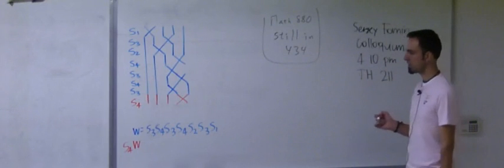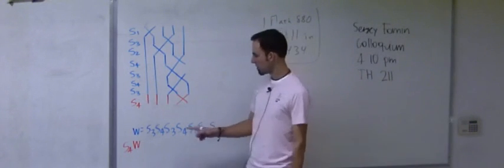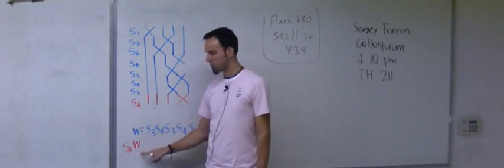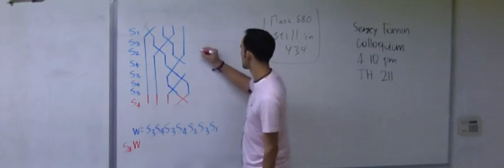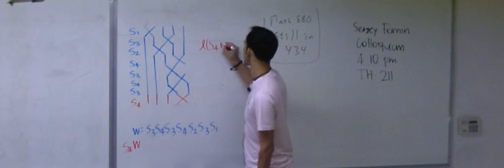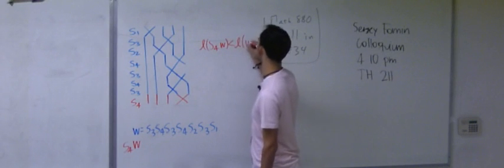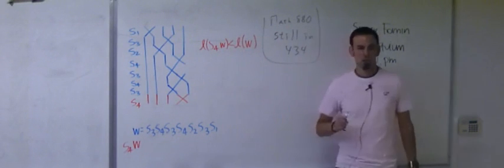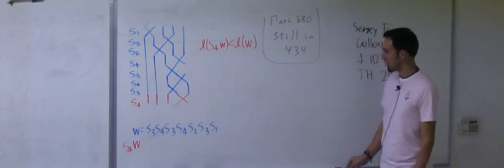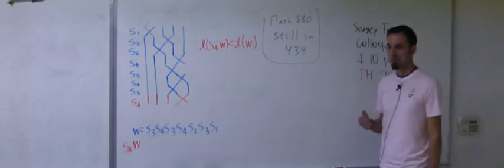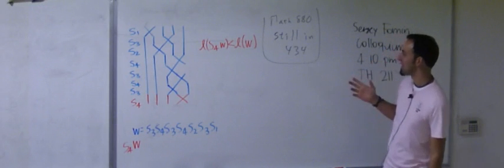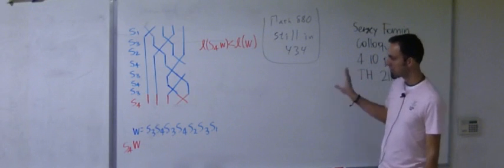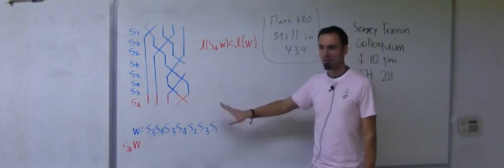So I claim that the element S4W is shorter than the element W. And I think Thomas knows why. So why is that? One way of doing it would be to just write this out, do the computation.